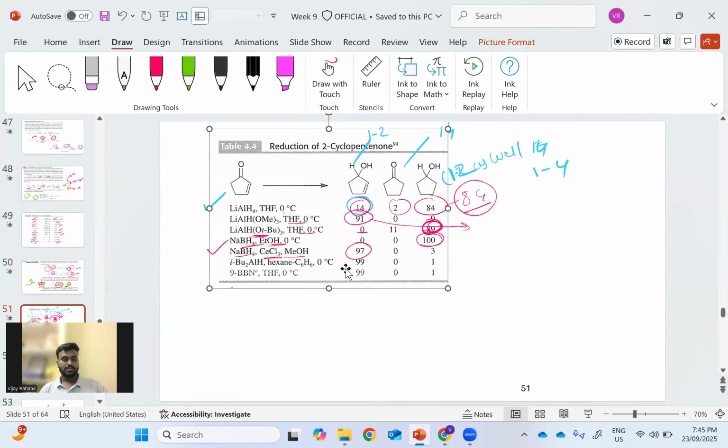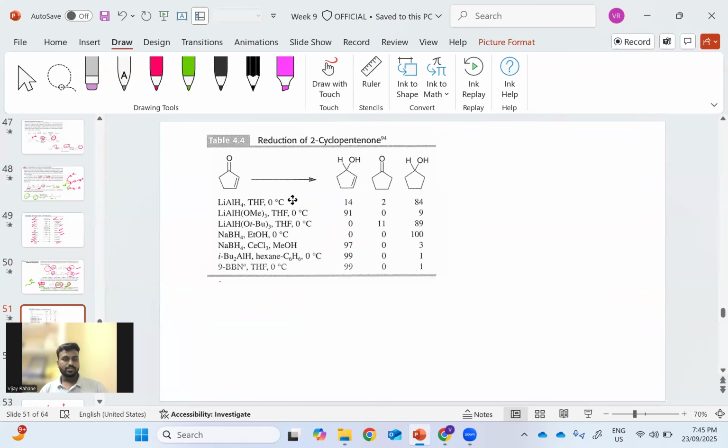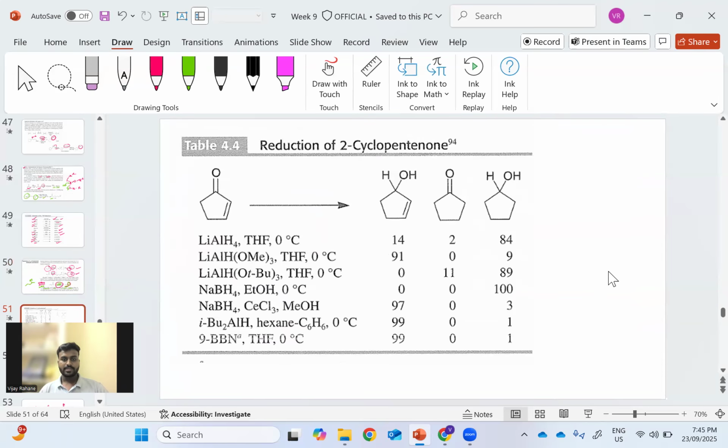So here I have just listed some of the reagent combinations and I will better show it, increase the size of the screen. Right. So let's say we have the alpha beta unsaturated carbonyl compound, and these are some possible products.